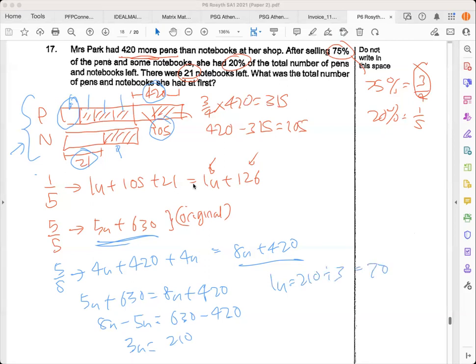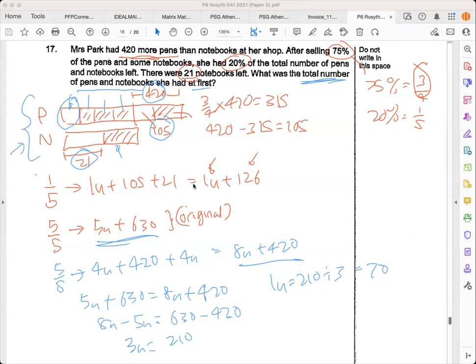So what's the question? The question is, what's the total number of pens and notebooks at first? It is again 8U. Okay, it can go 5U plus 630, or you can go 8U plus 420.